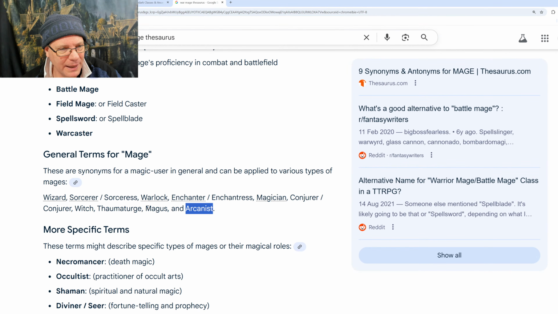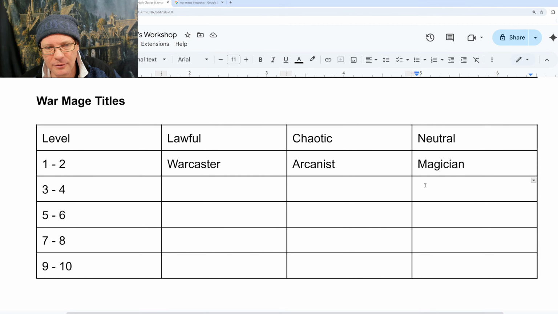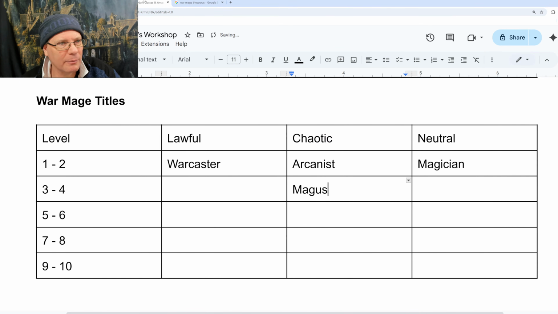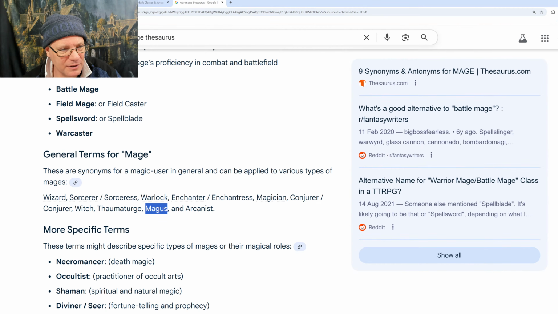What else do we have here? Magus. And we'll go over here, Magus. There we go, Magus. I may have already used it in something else, so that's the only problem. Witch and Warlock are already titles in the Wizard, so we just can't use them.